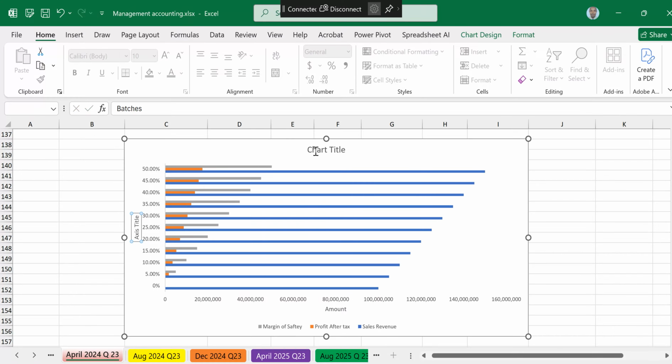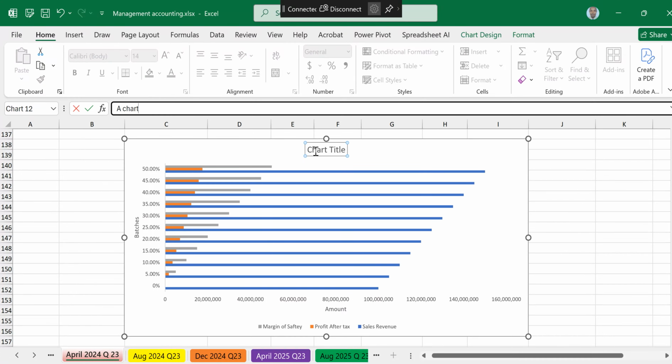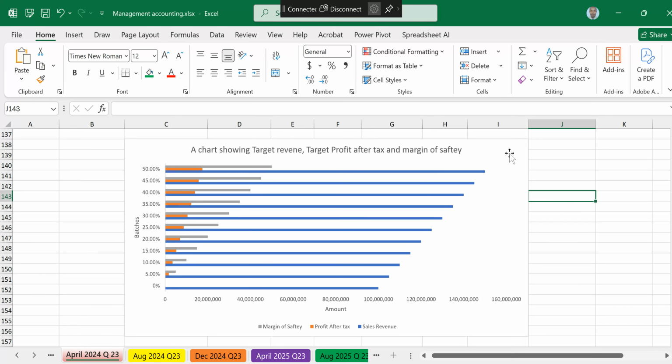This is a chart showing target revenue, target profit after tax, and margin of safety. So that completes the task.